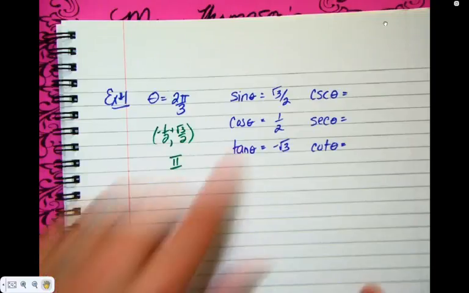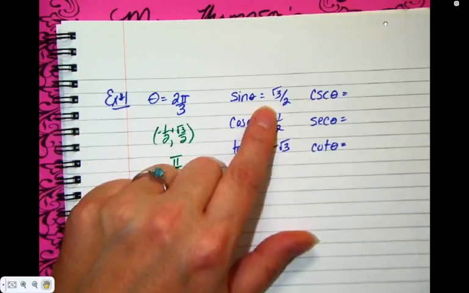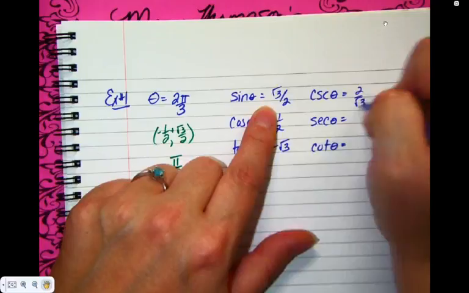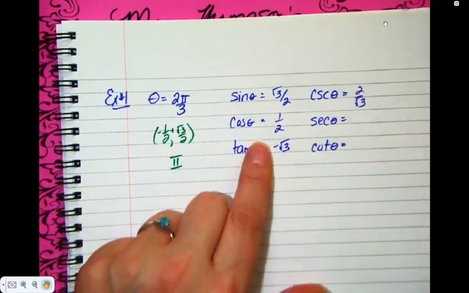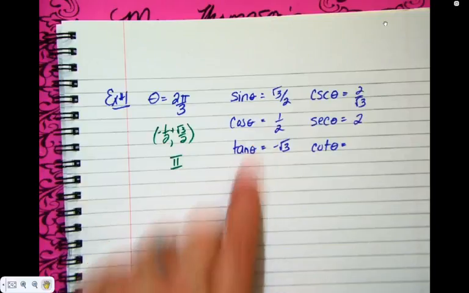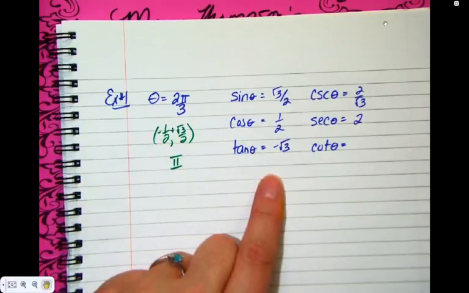Watch how cool these ones are. Take the sine value and flip it. What's cosecant of 2 pi on 3? 2 on root 3. What is the secant value of 2 pi on 3? 2. Where did the 1 go? It's underneath. We just know we don't need to write it. I forgot a negative.